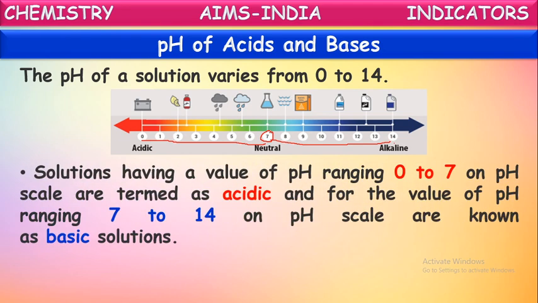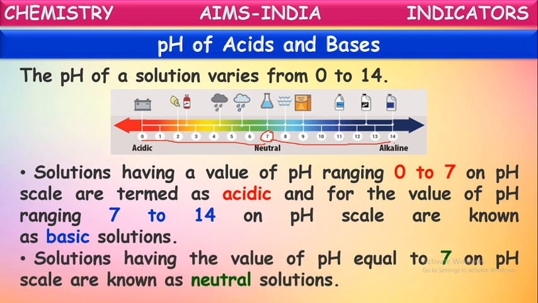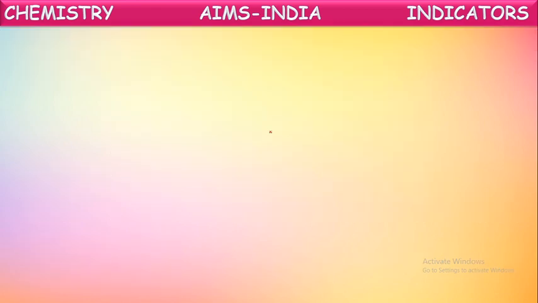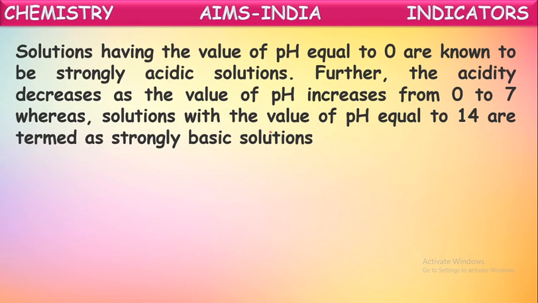Solutions having a pH of 0 to 7 are termed acids, the pH ranging from 7 to 14 represents bases, and a pH of exactly 7 represents neutral solutions. Solutions with a pH equal to 0 are known as strongly acidic solutions.